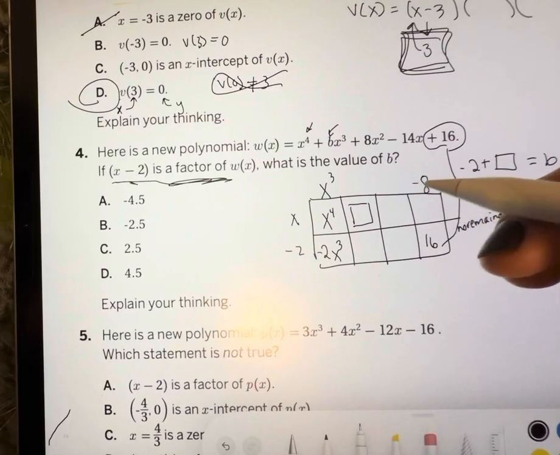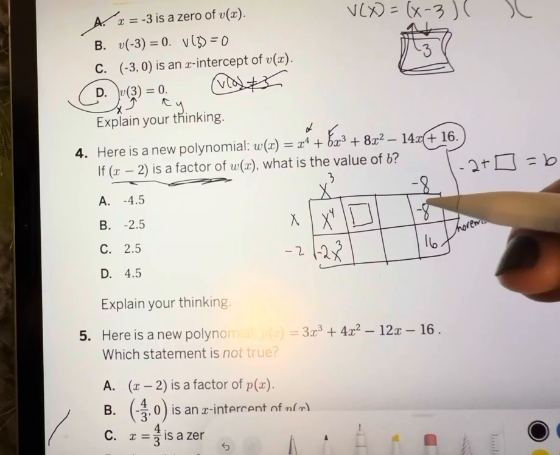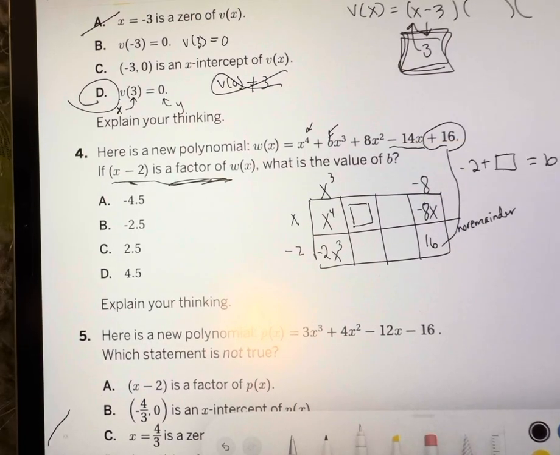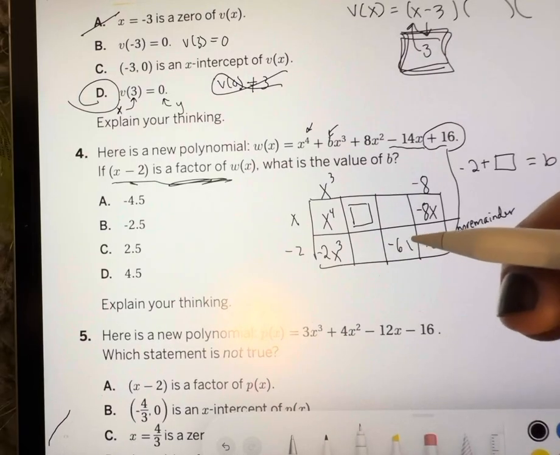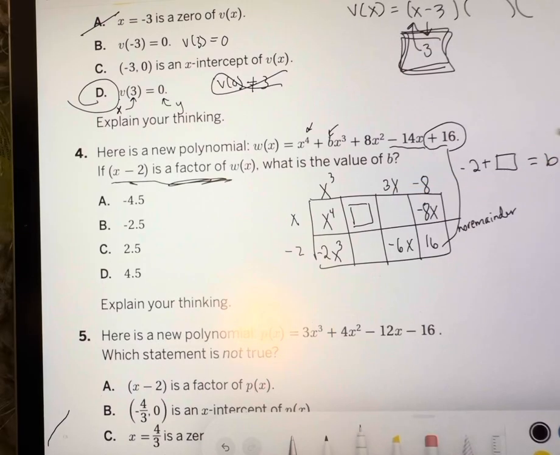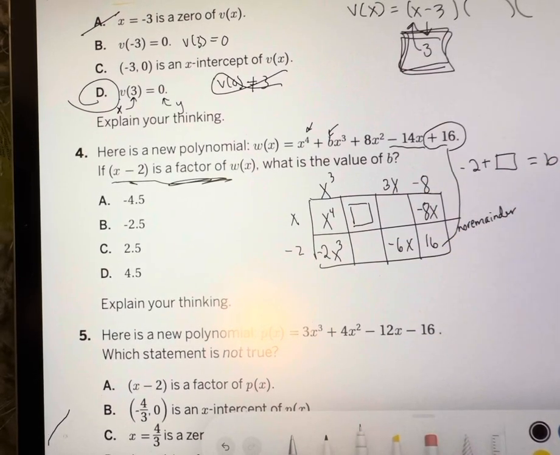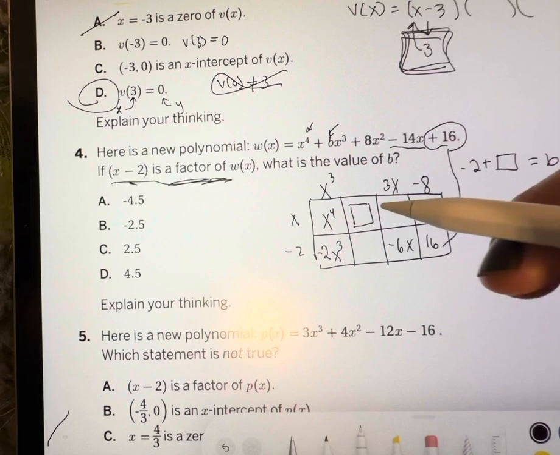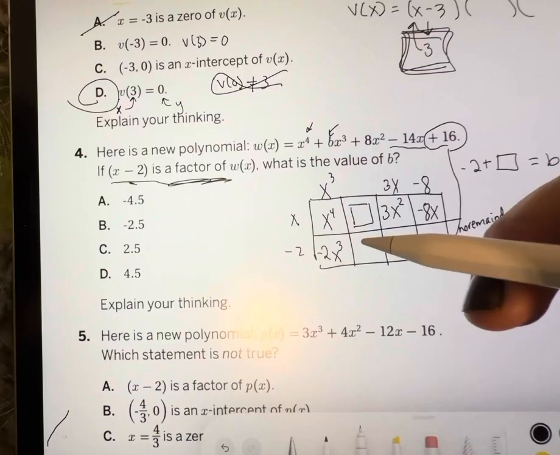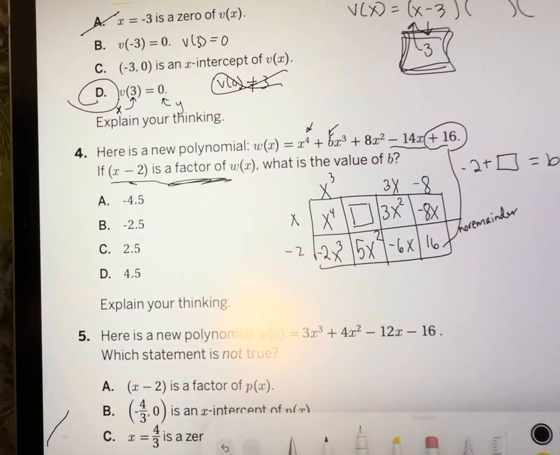And so then this is negative 8x. And if there's a negative 8x here, but I want a negative 14x, I needed another negative 6x, which then makes this a 3x, because 3x times negative 2 is negative 6x. And then if this is a 3x and that's an x, then this is a 3x squared. And if that's a 3x squared, but I wanted an 8x squared, I need another 5x squared.